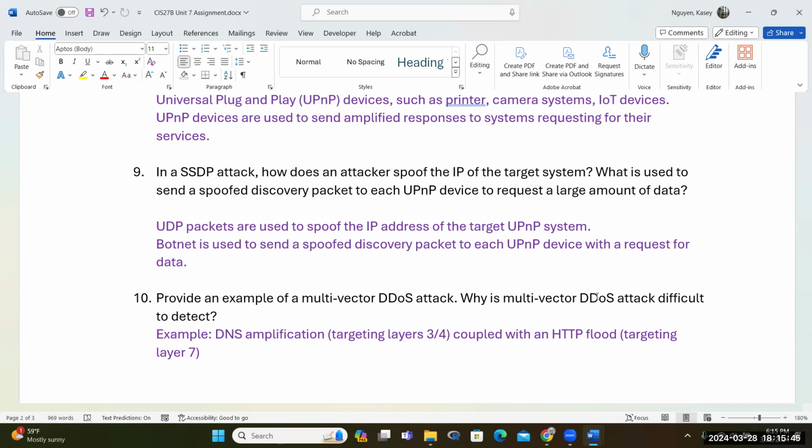For number 10, would network segmentation help in any way? Is it a possibility that can help? It might help if they're spoofing from a certain IP address.